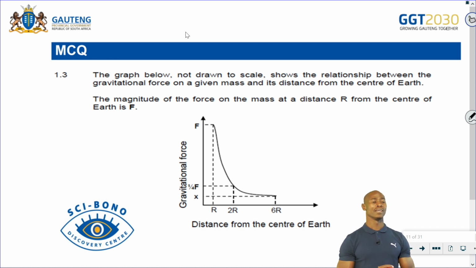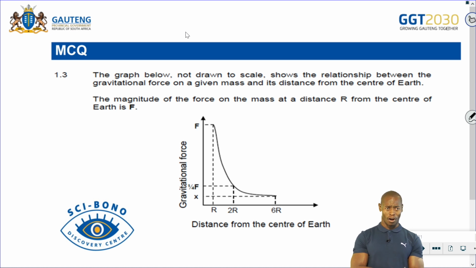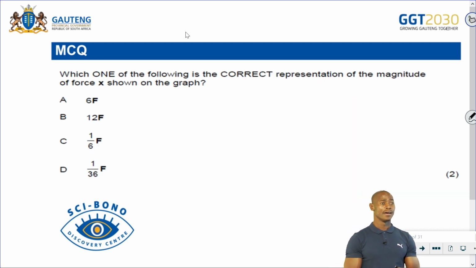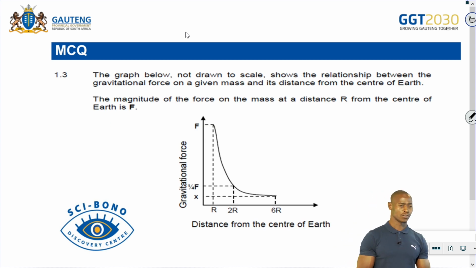The magnitude of the force on the mass at a distance r from the center of earth is F. Which one of the following is the correct representation of the magnitude of force X shown on the graph? Let's go back.